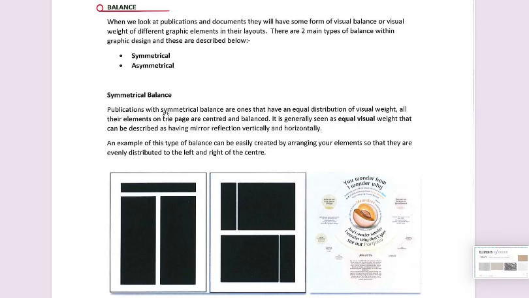Publications with symmetrical balance have an equal distribution of visual weight. All the elements on the page are centered and balanced. It can be described as having mirror reflection vertically or horizontally.